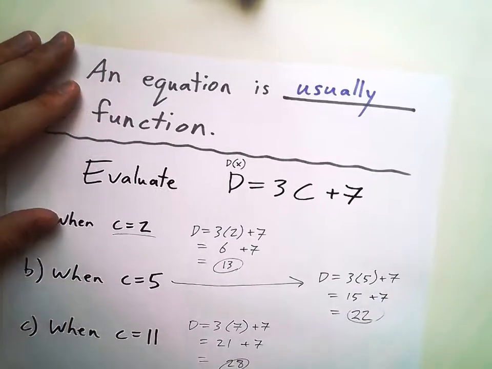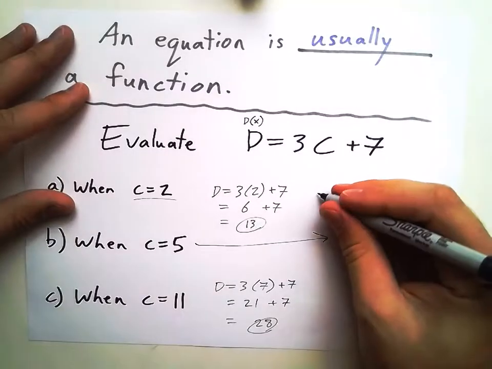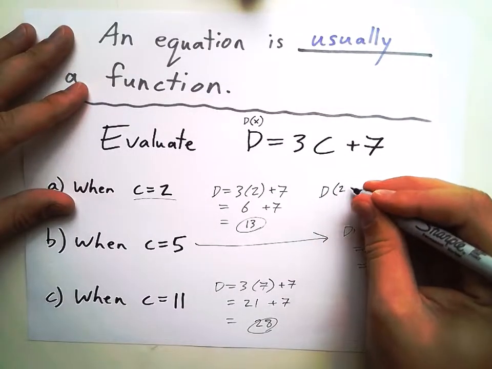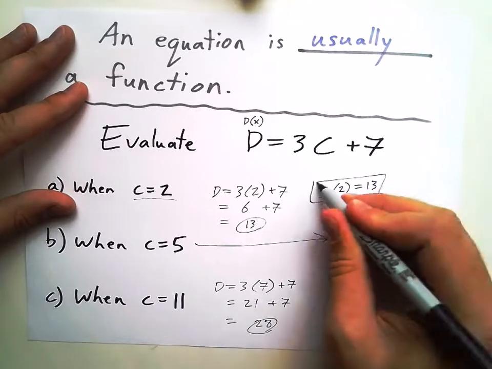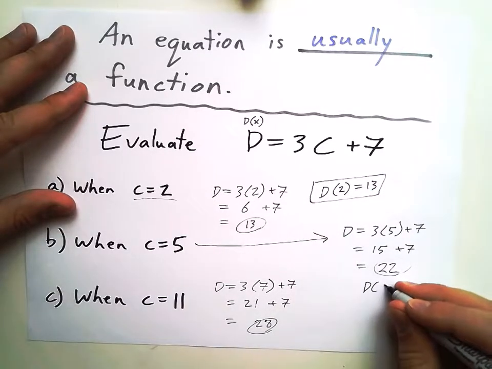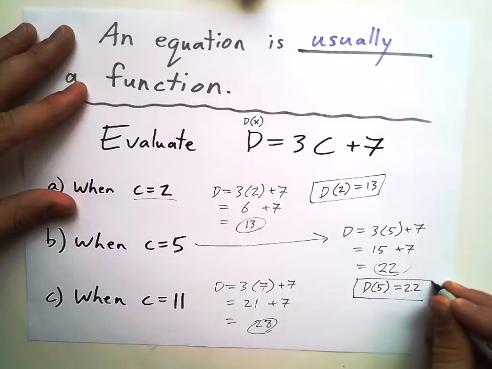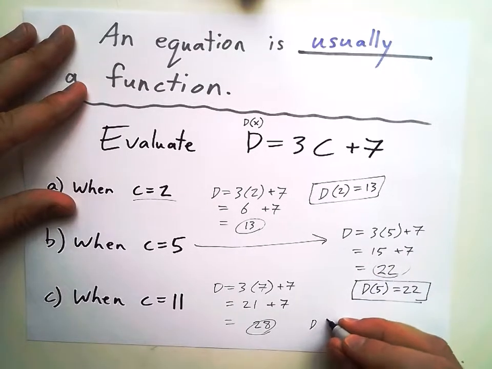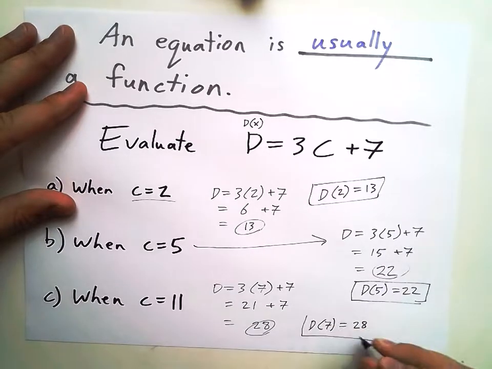So write it in function notation. We would say d of 2 equals 13. D of 5 equals 22. And d of 7 equals 28.